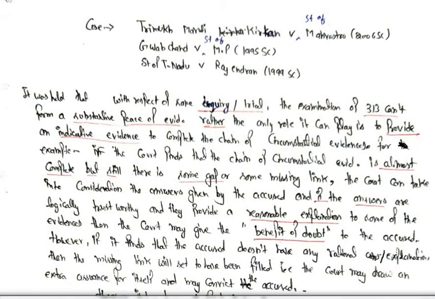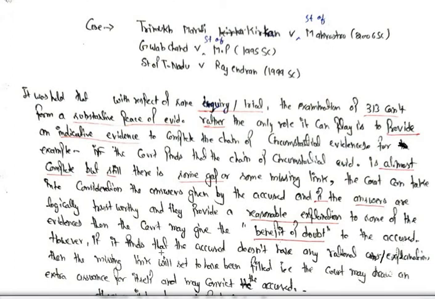For example, if the court finds that the chain of circumstantial evidence is almost complete, but still there is some gap or some missing link, the court can take into consideration the answers given by the accused, and if the answers are logically trustworthy and they provide a reasonable explanation to some of the evidences, then the court may give the benefit of doubt to the accused.